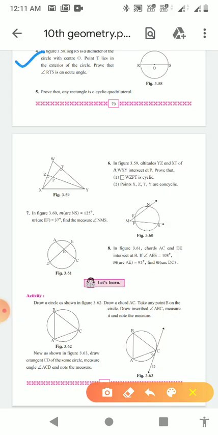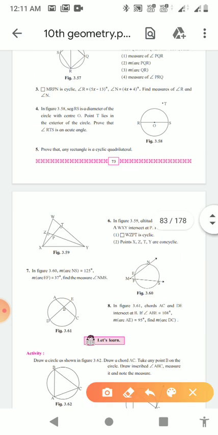In question number 4, if you observe, a diagram is given in which segment RS is a diameter of the circle. Segment RS is the diameter, which is the biggest chord of the circle, whose center is point O. Point T lies in the exterior of the circle.